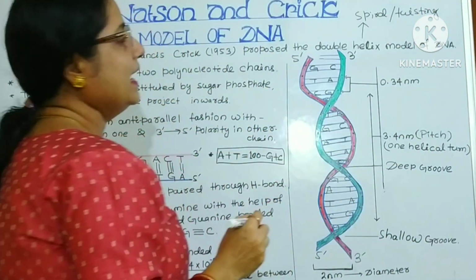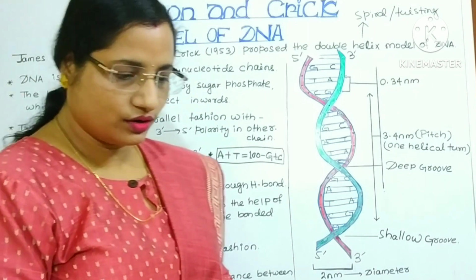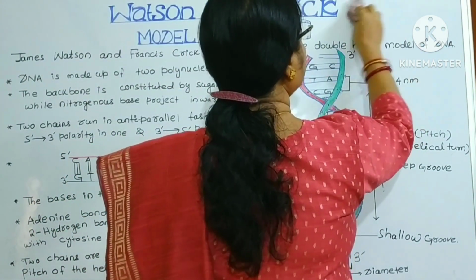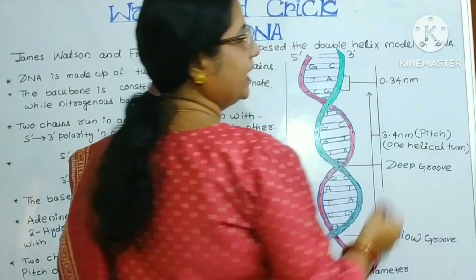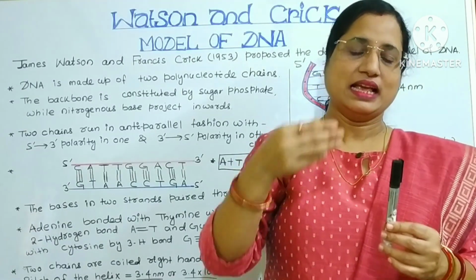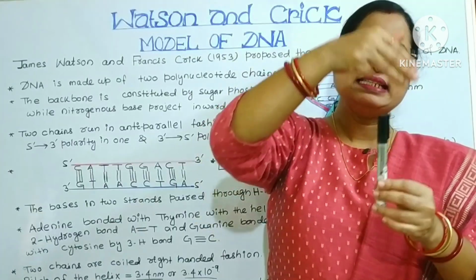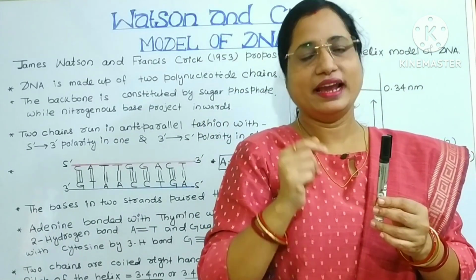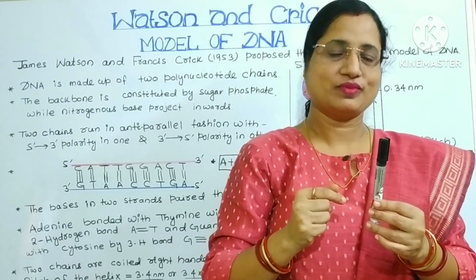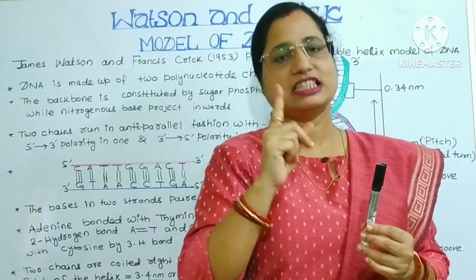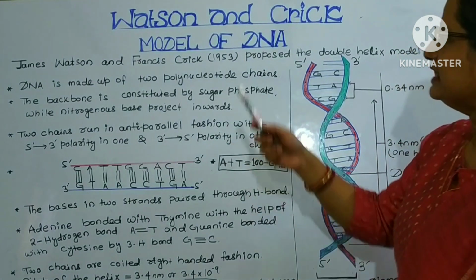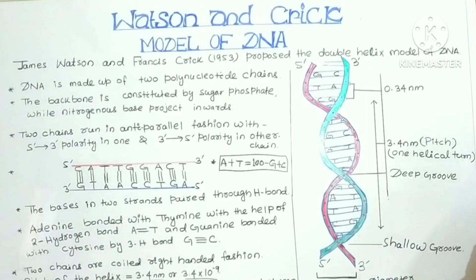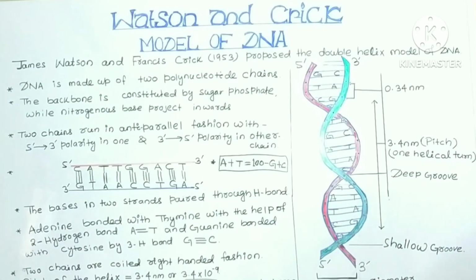When any surface is wrapped around a cylindrical surface, that is called a spiral or helix. So helix means spiral. James Watson and Francis Crick in 1953 proposed the double helix model of DNA.